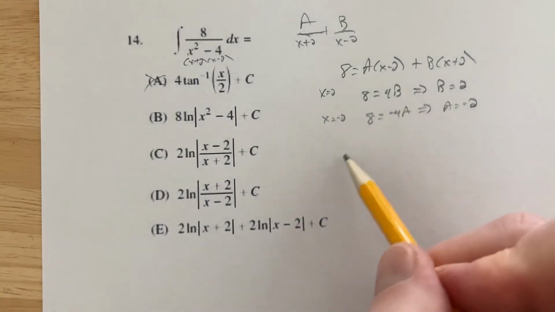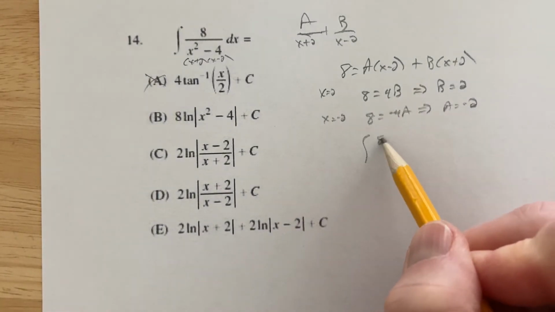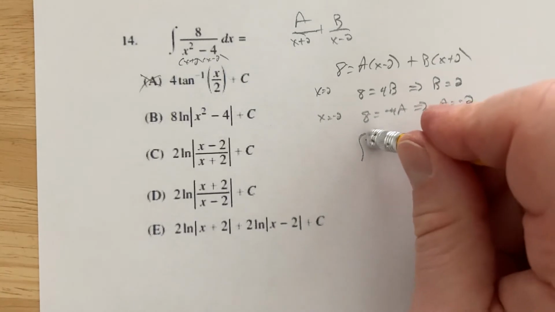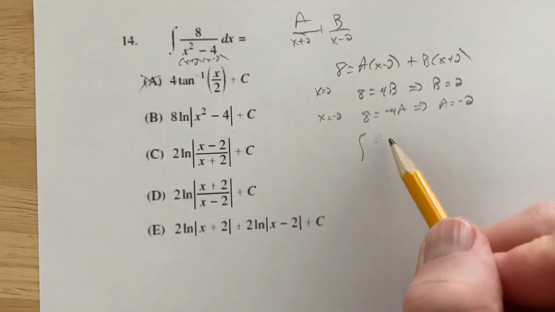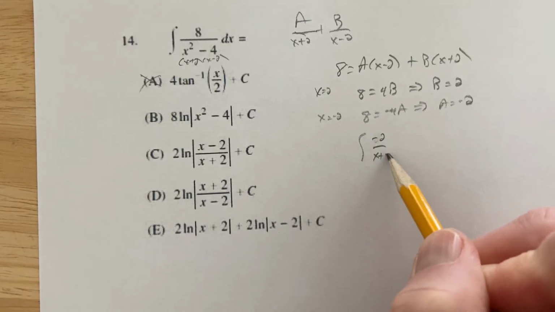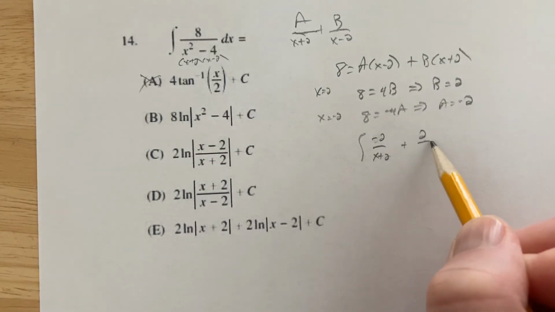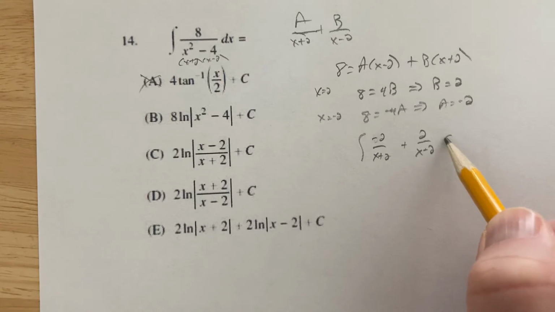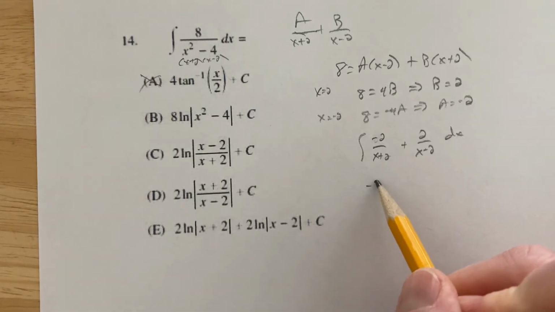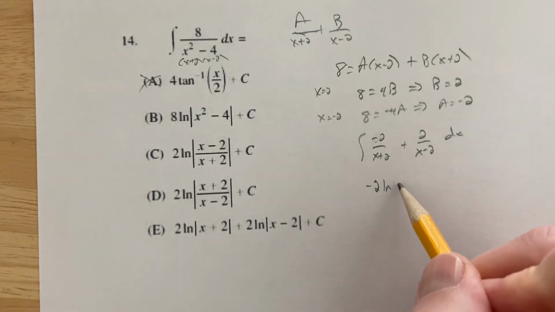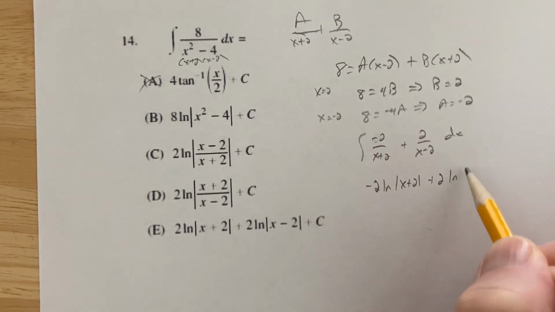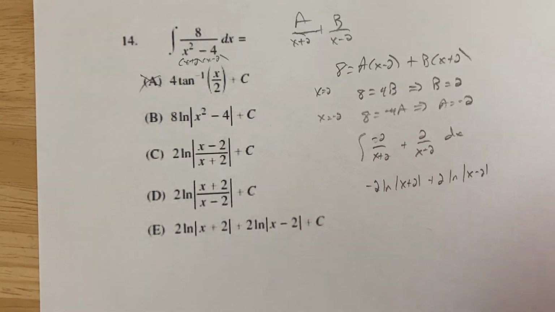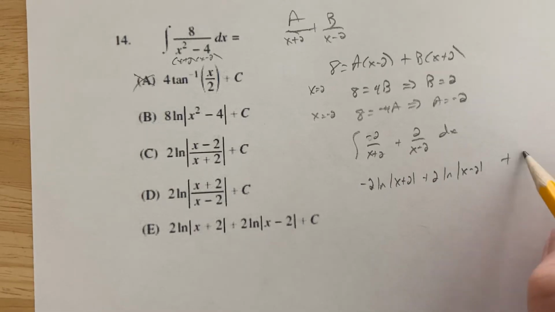All right, so now we're going to integrate. We changed this into -2 over x plus 2 plus 2 over x minus 2. And that's going to give us -2 natural log of x plus 2 plus 2 times the natural log of x minus 2. Okay? Plus c, of course.